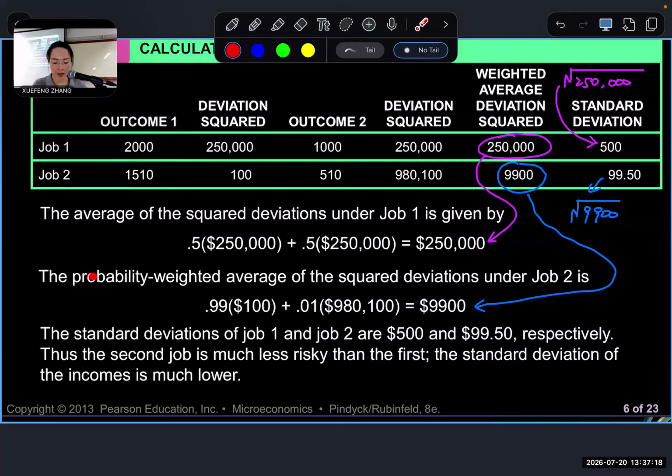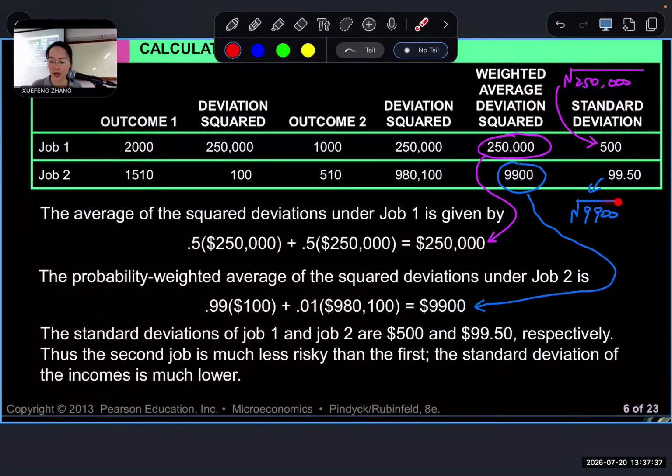The same logic. You use 0.99 times 100 here because it's for job 2, right? And then you plus 0.01 times 980,100. Okay, so you got 9,900 here.